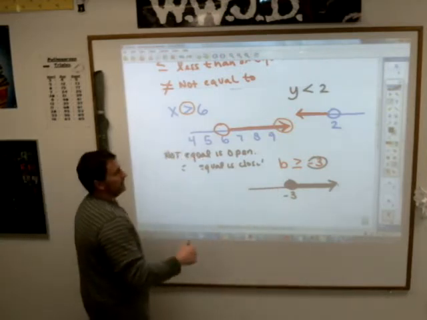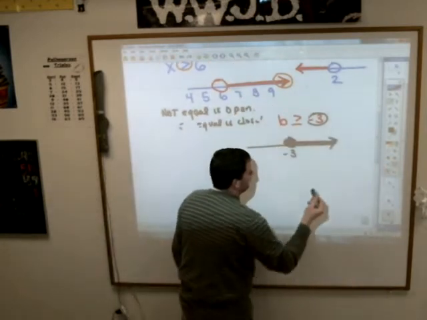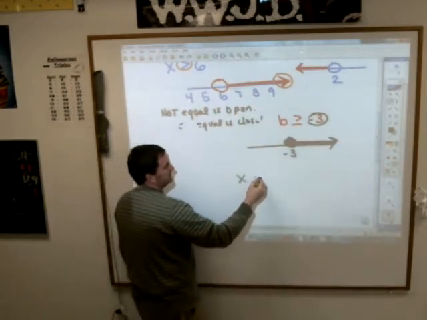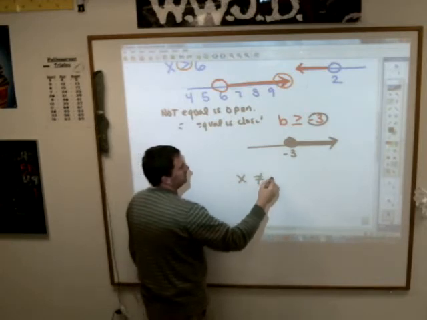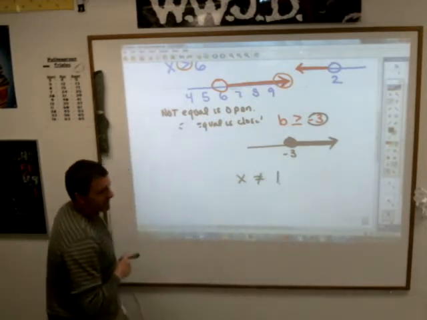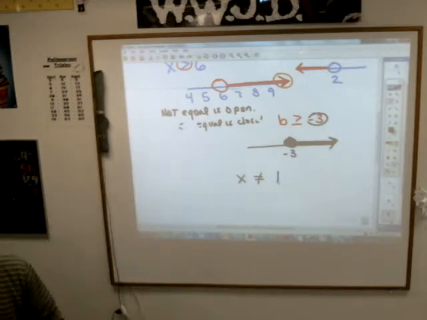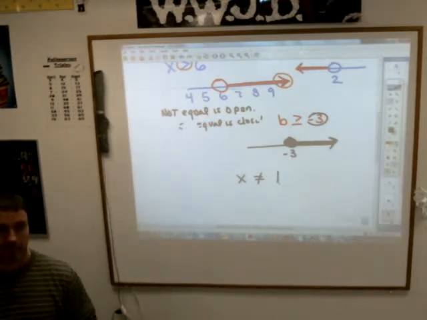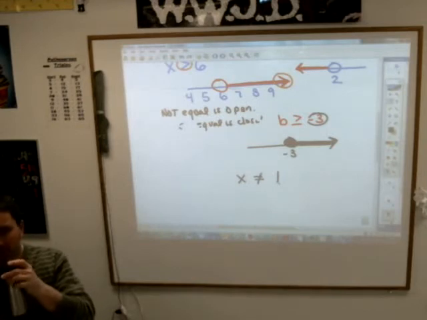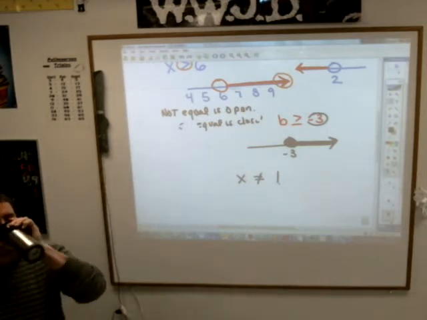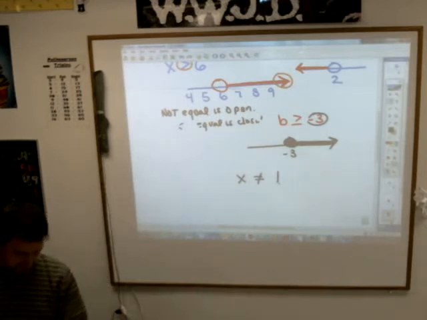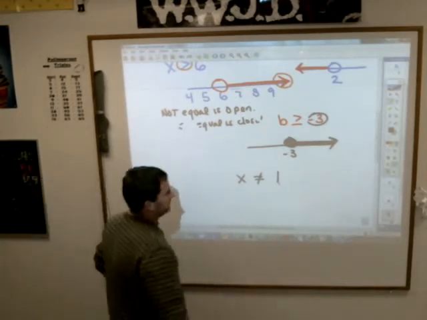What about this one? We have not talked about this one. What if it said x does not equal 1? How would you graph that? Ask yourself what x could equal. What could x be? Anything but 1. How do you graph that though, Steph? You put arrows in both the sections of an open circle. Exactly.